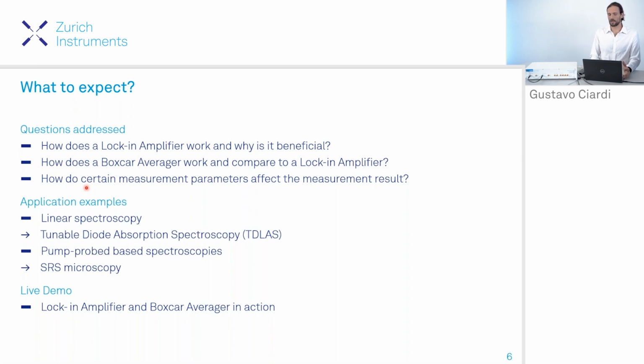And we will also look at some instrumental parameters that affect the end measurement results. All of this will be supported by some application examples, for example, for linear spectroscopy, tunable diode absorption spectroscopy, and pump-probe-based spectroscopies.